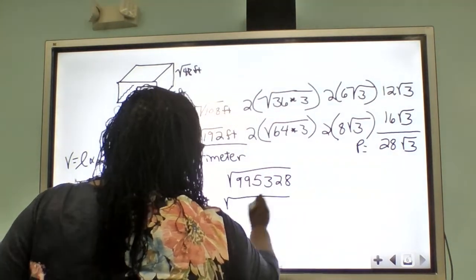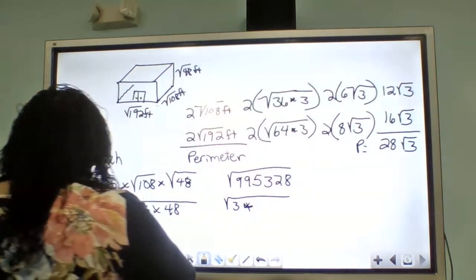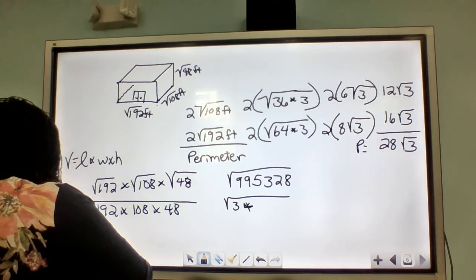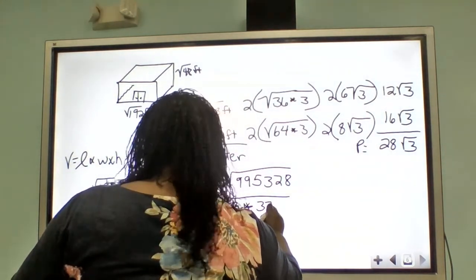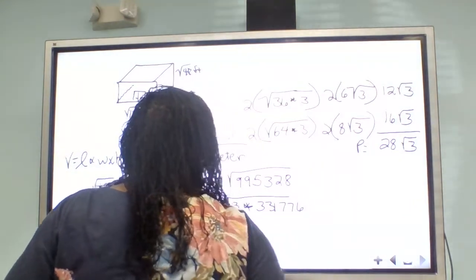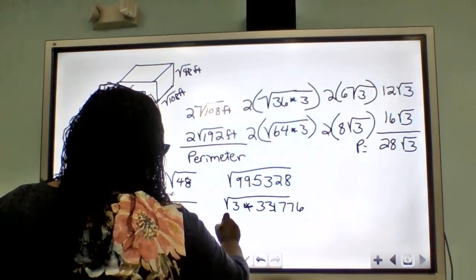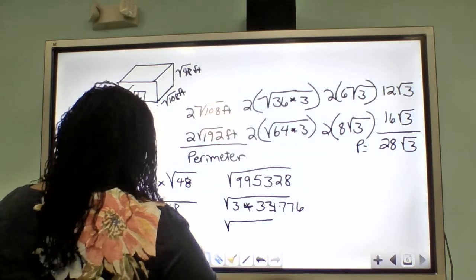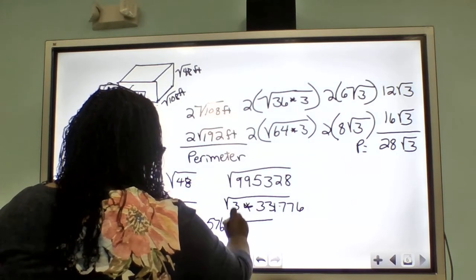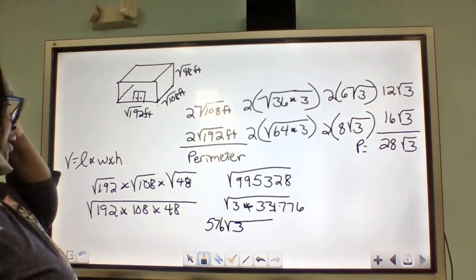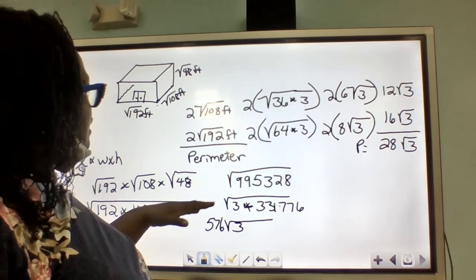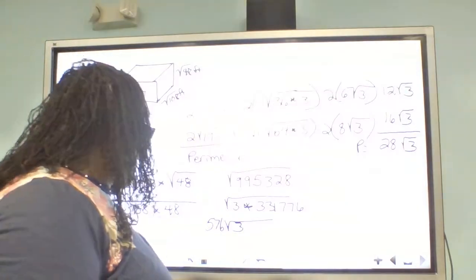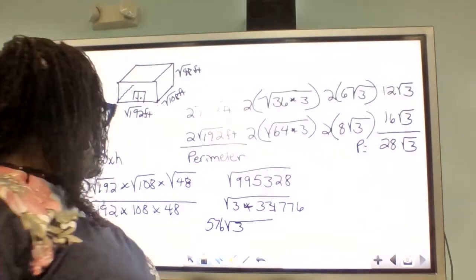So that way we have 3 times this number here. Now from there, this can be a perfect square. So we take this number and square it, and this is what we get, with a 3 underneath, and we're done. Typically, we can factor tree it down, but that would take too much time, and we would come up with the same results, but that's one way of doing it.